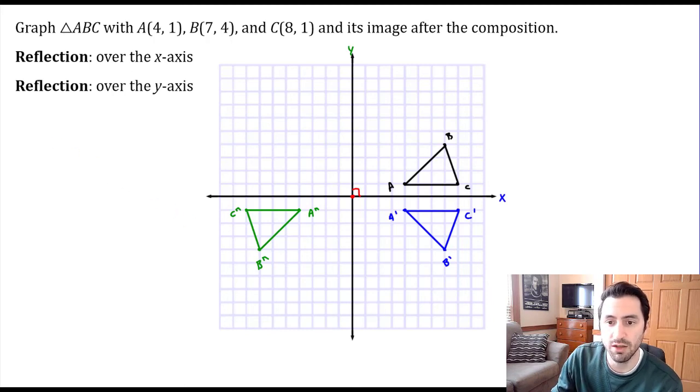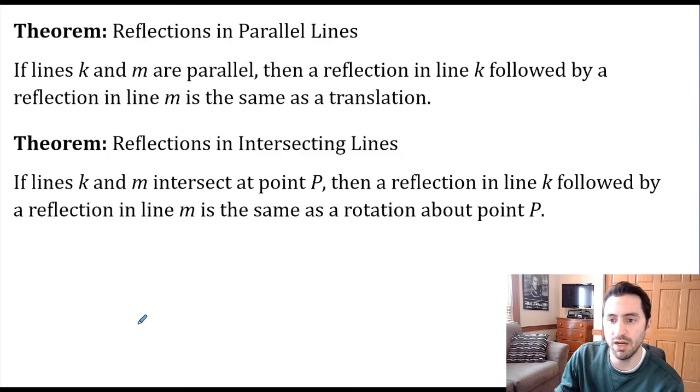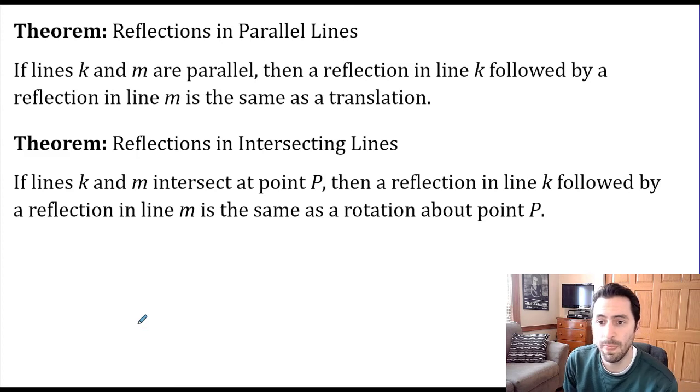So now let's take a look at these two theorems written out. So the first one, if lines K and M are parallel, then a reflection in line K followed by a reflection in line M is the same as a translation. So this was the first example we took a look at. So your two lines, as long as they're parallel, if you reflect over one and then the other, it's the same as a translation.